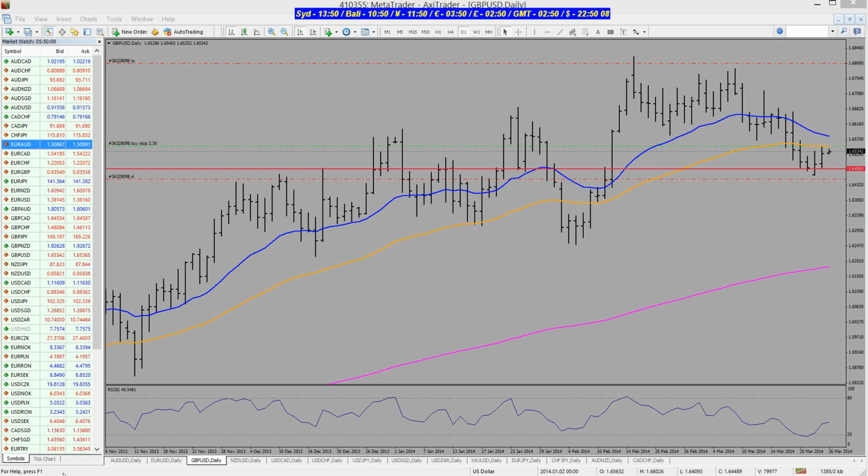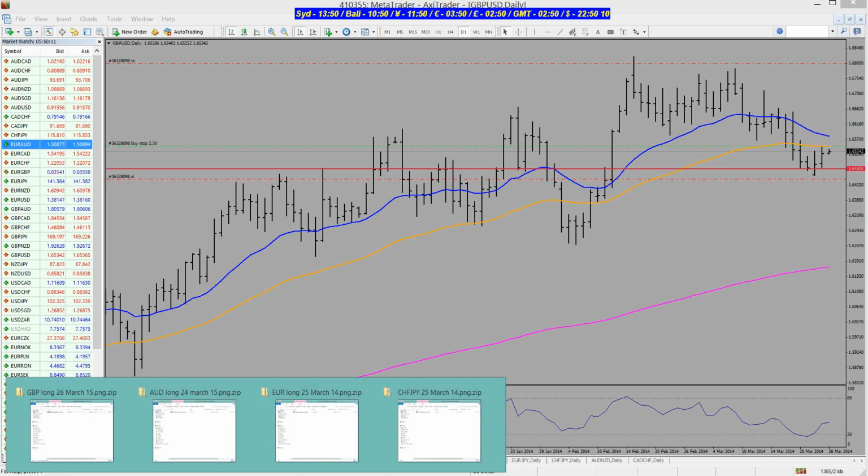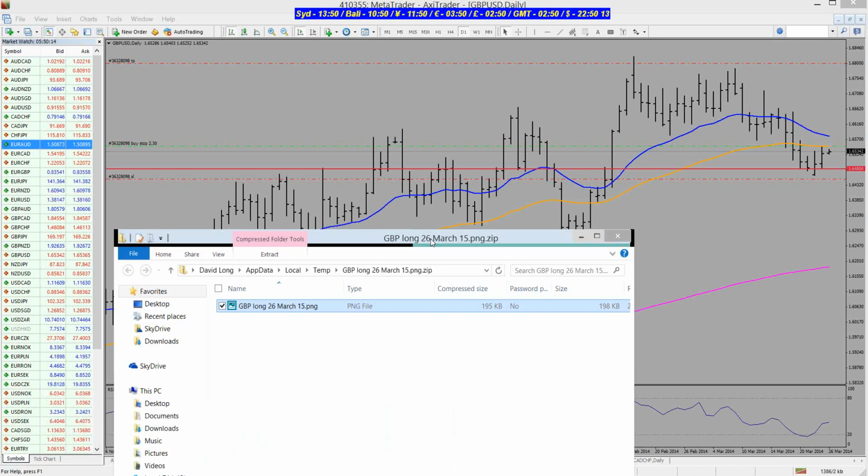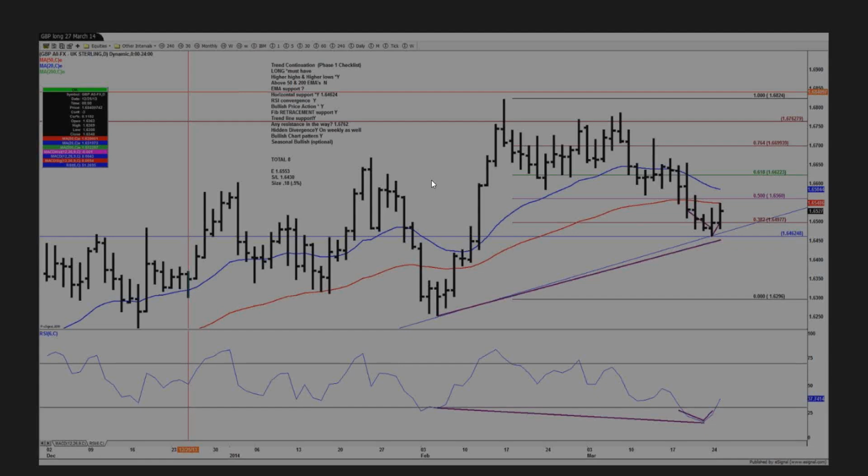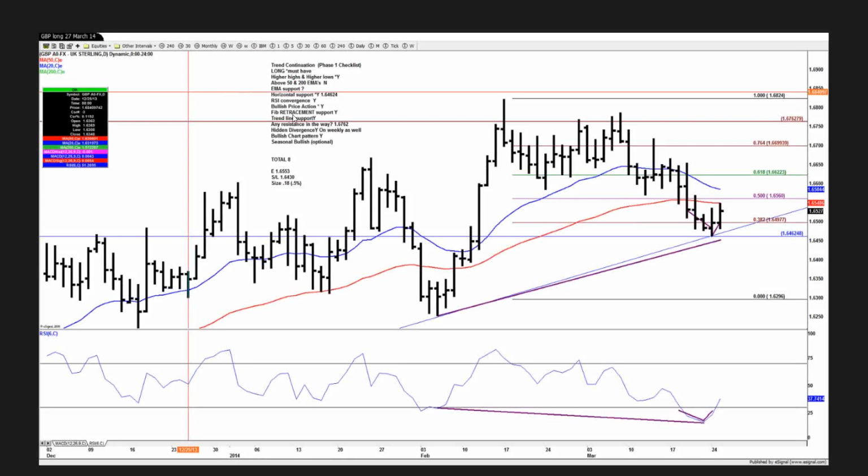Screenshots. Okay. What do we got here? Pound long. Above both the 50, correct, you're not, MA support. Well, you don't have that either.